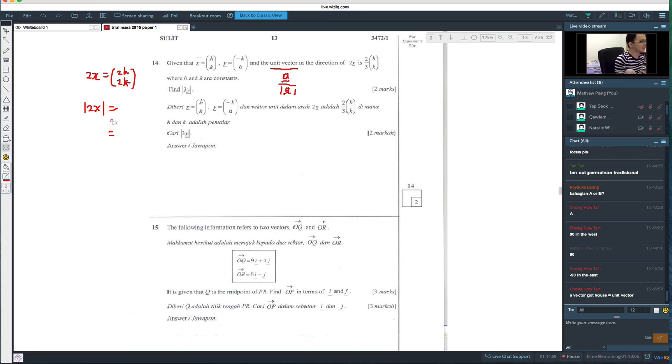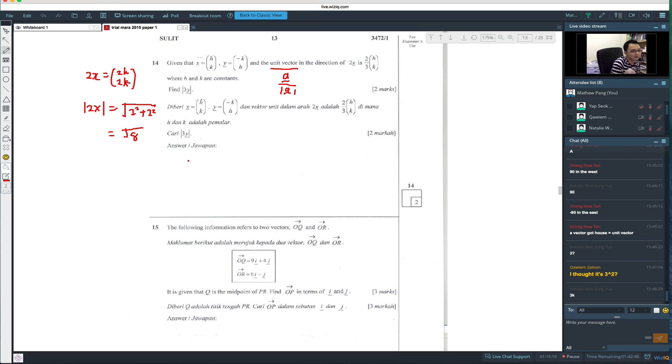I'm sorry. So the unit vector is the value in front of it, and this is basically the square root of 2 squared plus 2 squared, which is the square root of 4 plus 4, square root of 8. This is the length of it, because for length we normally do not take h and k. So we need to find the magnitude of it.